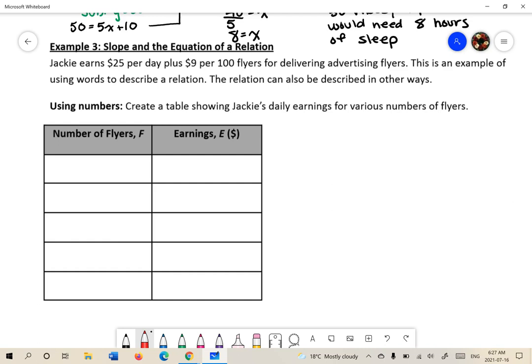So remember, when you're creating a table of values, you're going to begin with your x values, or in this example, your F values. And you're going to start with 0. And this time I'm going to increase by 100 because it tells me information for every 100 flyers that Jackie delivers.